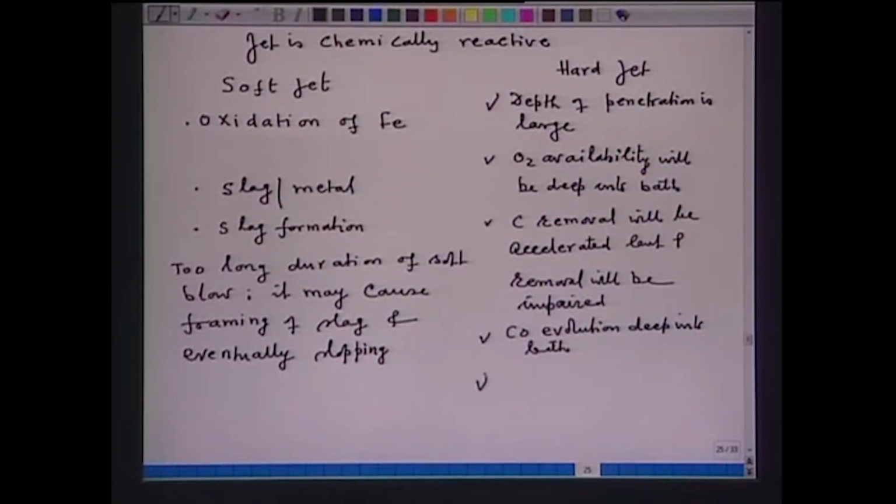Another important feature of this hard jet is that the droplets are produced. Now, when the droplets are produced and entrained into slag, because of the high interfacial area, the reaction rate will be faster.